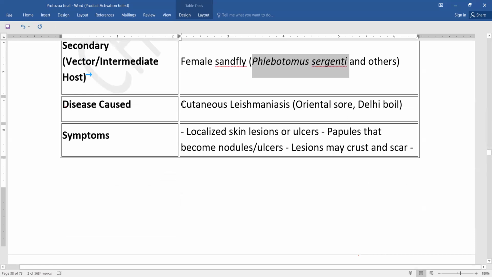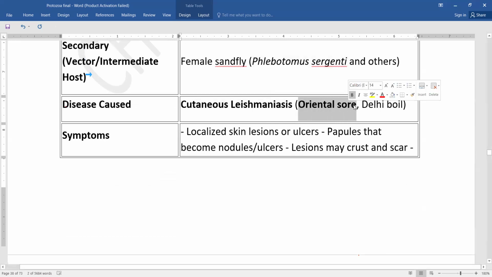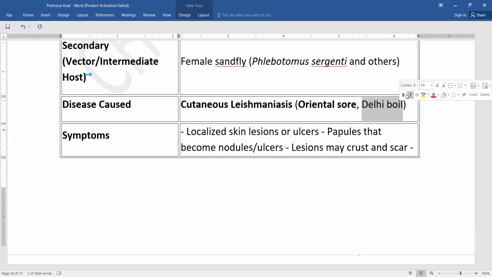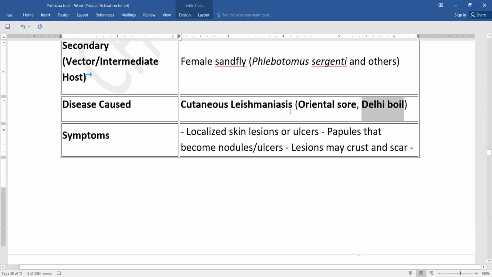Leishmania tropica causes cutaneous leishmaniasis. Okay, it is also known as oriental sore and it is also known as Delhi boil. You should remember these names. Symptoms: localized skin lesions or ulcers, with some papules that become nodules or ulcers.